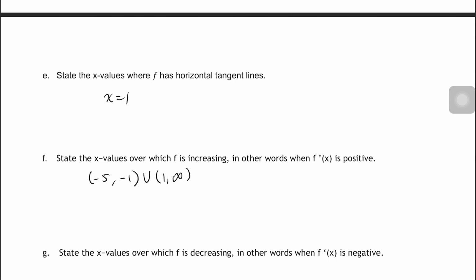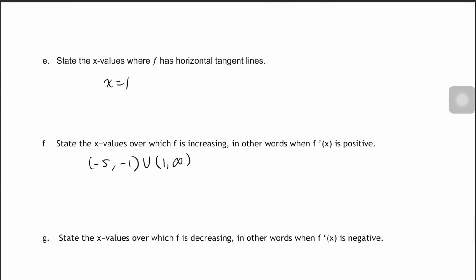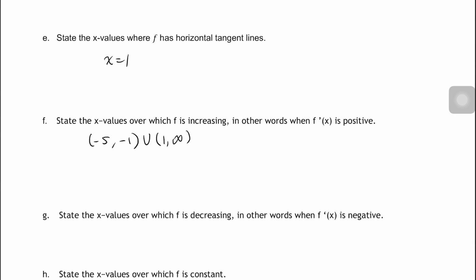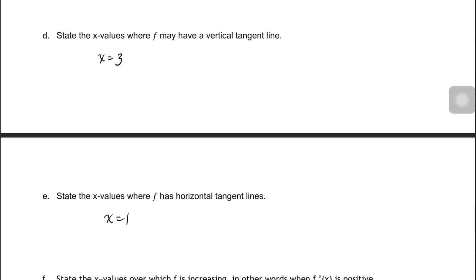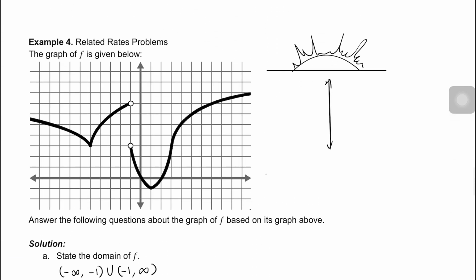And then we're going to unite those intervals. With the same argument, we can say when the function is decreasing, and that's going to happen when the derivative is negative. Assuming it's coming from the left side, it's going to be from negative infinity all the way to -5.